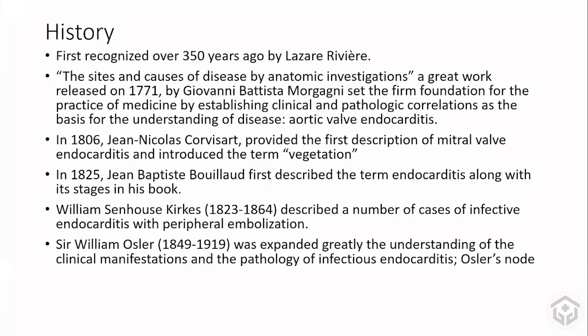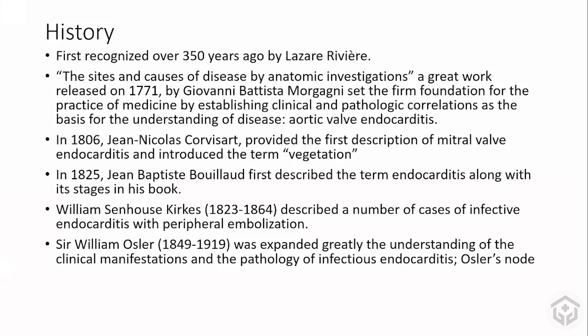Later, a physician who lived between 1823 and 1864, William Senhouse Kirkes, wrote a book. He was the first to describe peripheral embolization of endocarditis. Then another person, Sir William Osler. You all know about Osler's nodes in the fingertips, that embolization phenomenon.